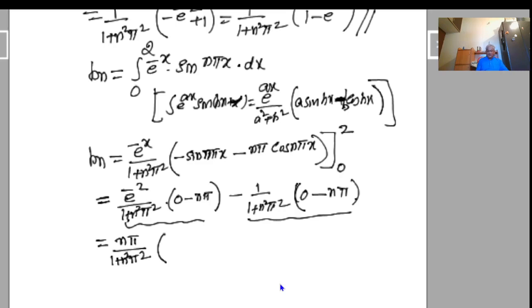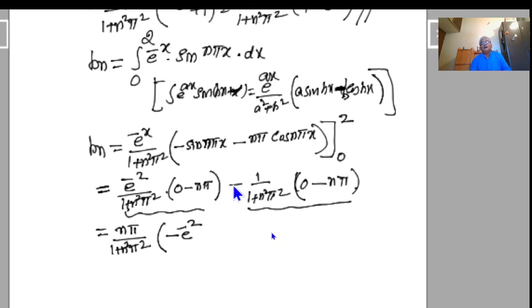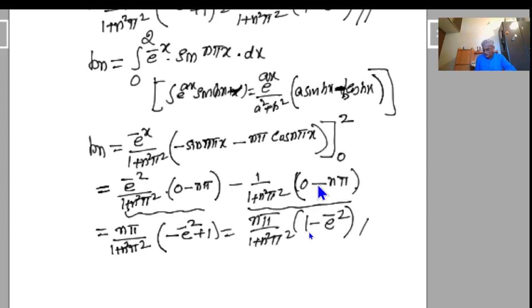In the first term we are getting minus e power of minus 2, and in the second term minus into minus is plus 1. This is equal to nπ by 1 plus n squared π squared into 1 minus e power of minus 2. So this is the value of bn.